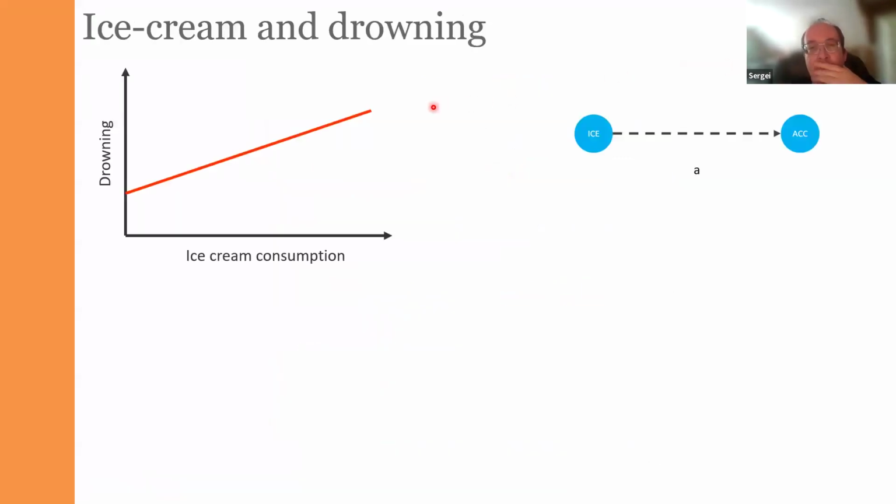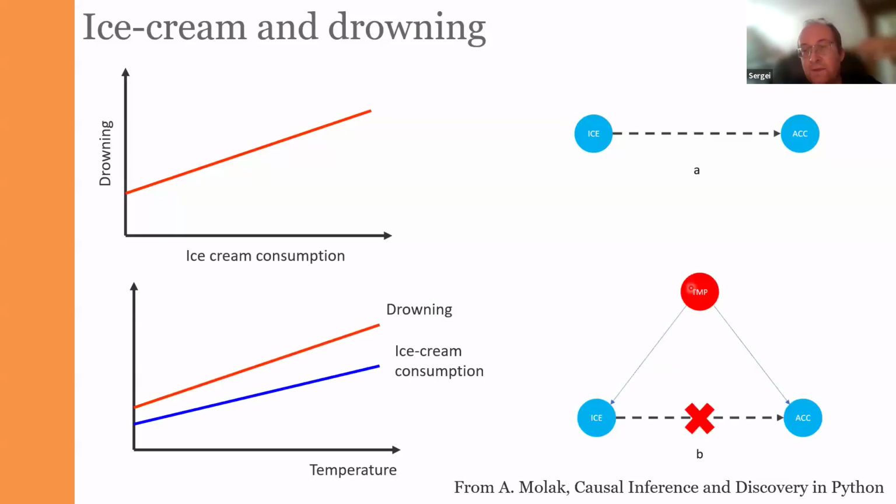Another example. If we look at statistical data, there would be a correlation between, let's say, consumption of ice cream and drowning. So the question is, is there a causal mechanism between the two? Probably not. However, we can speculate there can be some hidden factor that actually affects both ice cream consumption and drowning, and this hidden common factor is the temperature.